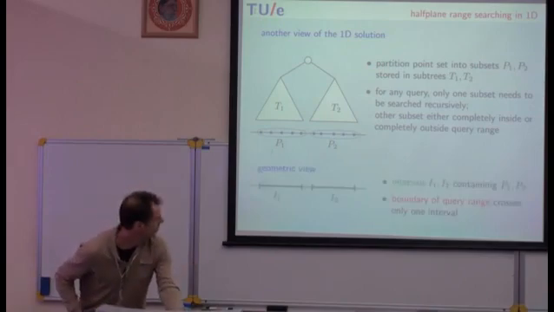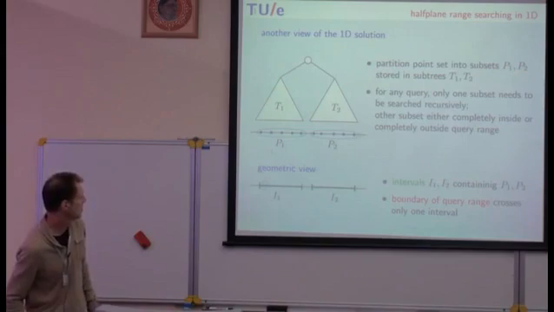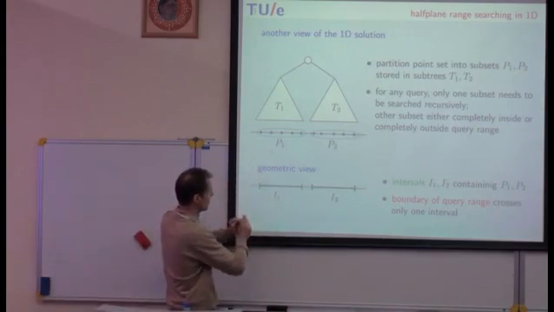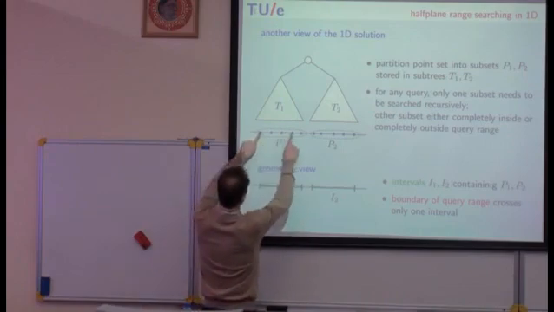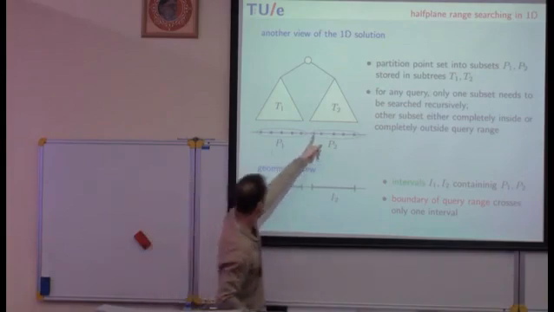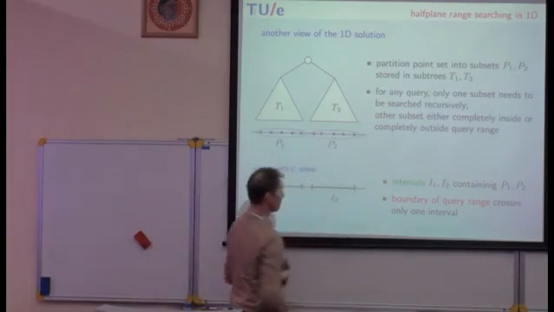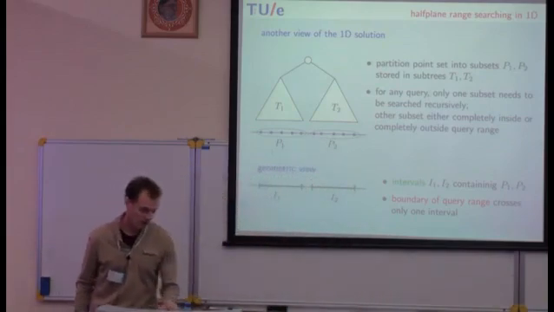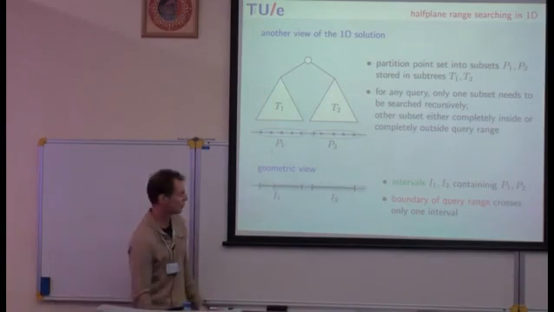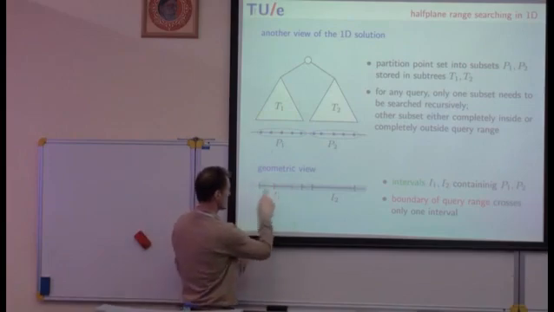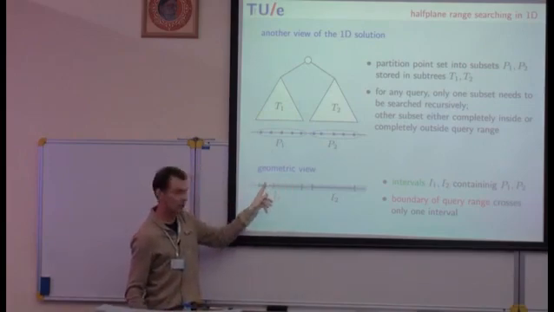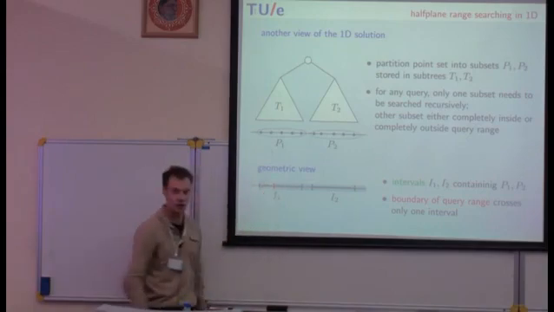So if I look at it in a geometric way, this point set is contained in this interval. This point set is contained in this interval. And if I do a query, like here, then for this interval, some of the points are maybe inside, some of the points here are outside.